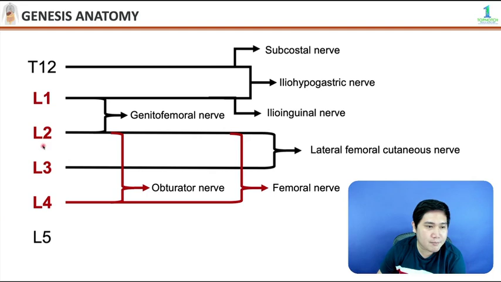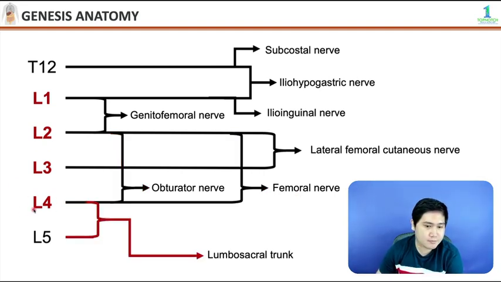Okay, both of them are coming from L2 to L4. Okay, recently asked lang, no, your femoral nerve roots, okay, it's coming from L2 to L4. Okay, and your lumbosacral trunk is coming from your L4 to L5. Okay, kaya siya lumbosacral trunk, yung L4, L5, they do not participate in your lumbar plexus.